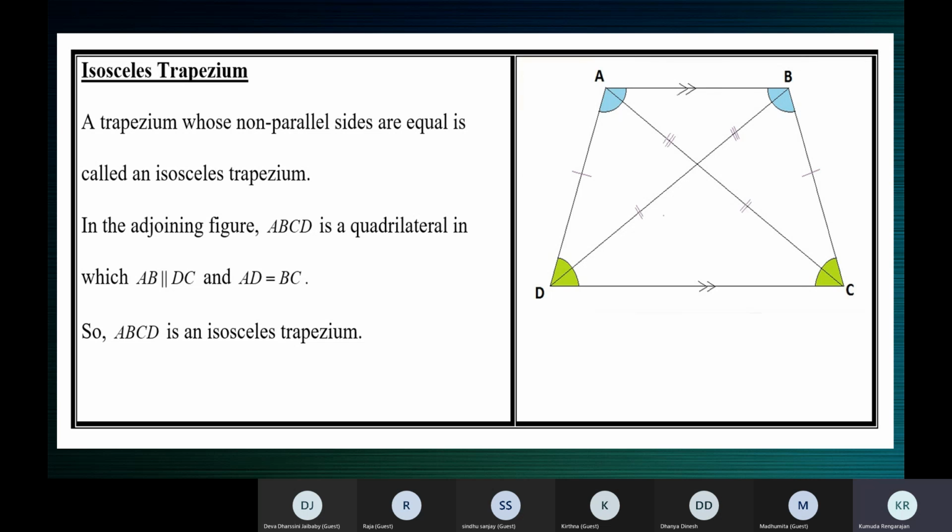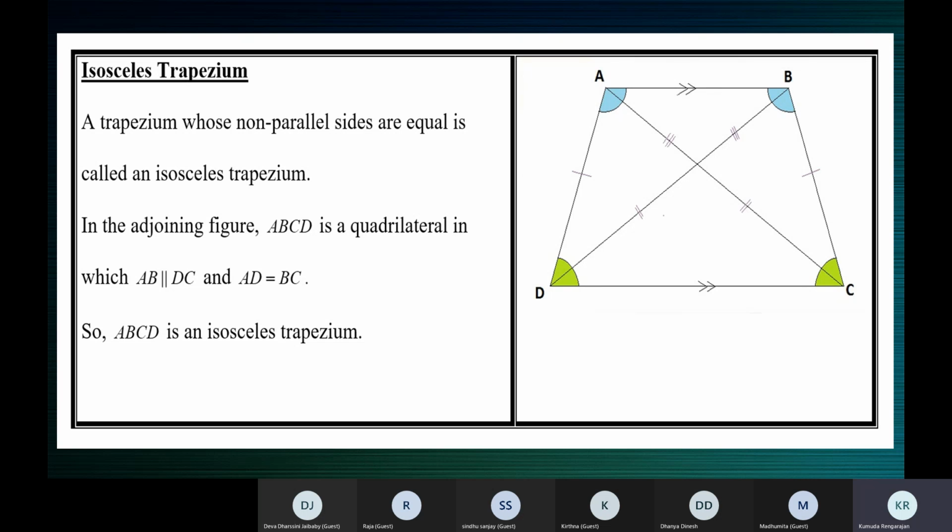AD is not parallel to BC. When those non-parallel sides are equal, it's called an isosceles trapezium. AD and BC are the non-parallel sides, and they're equal.